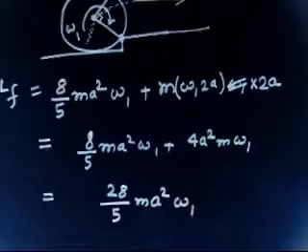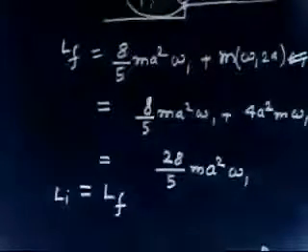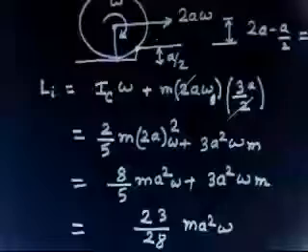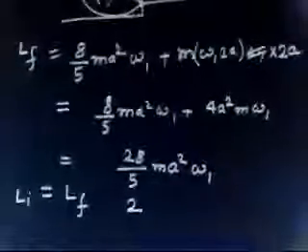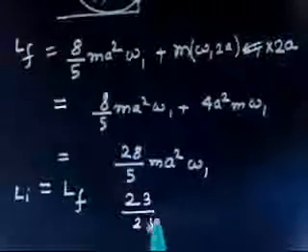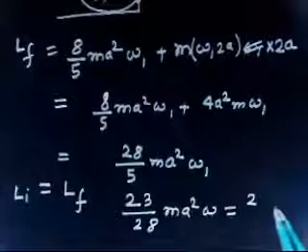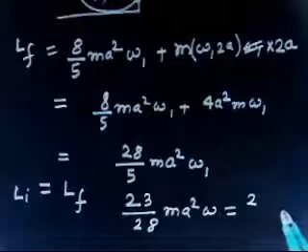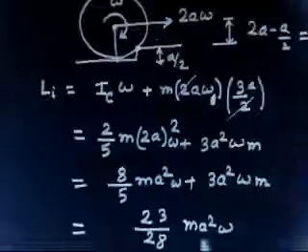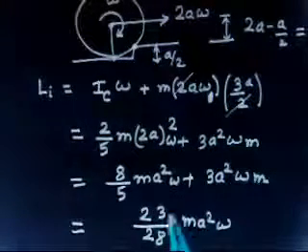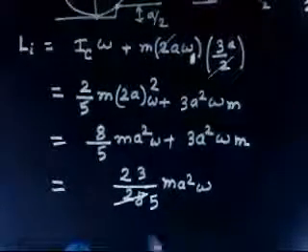Now if you do the angular momentum conservation, the final angular momentum is equal to the initial angular momentum. Initial angular momentum is 23 by 28 ma square omega. Let me check again. This is 23 by 5, not 23 by 8. So this is 5, not 28.